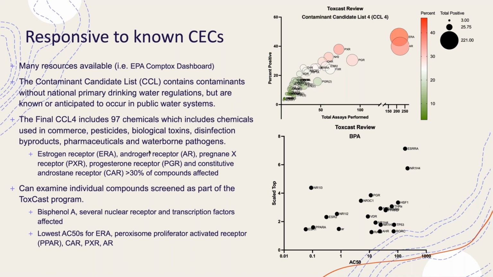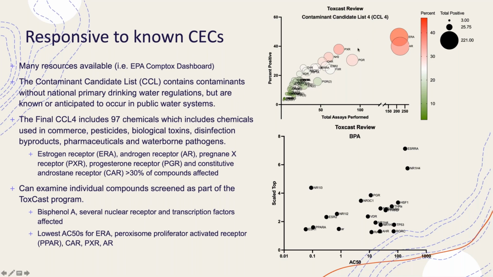All of these compounds have been studied with the EPA ToxCast program, where they basically looked at a variety of different bioassays and asked what does this chemical interact with? And they provide that information in this ToxCast database. And so what I've done is simply looked at these 97 different compounds and asked what are the common bioassays that showed a positive.